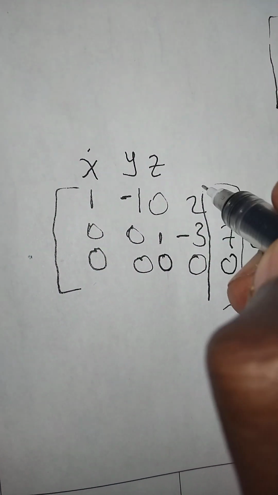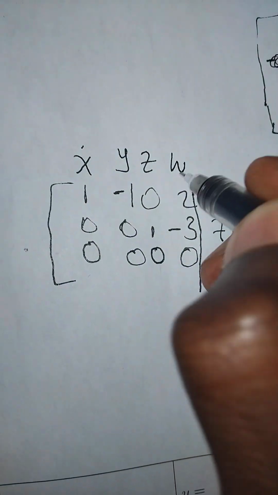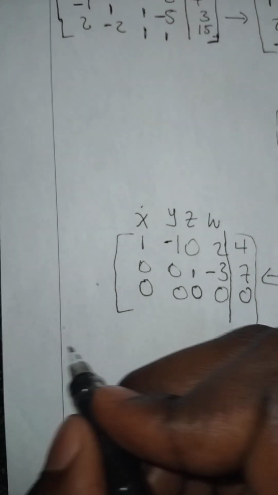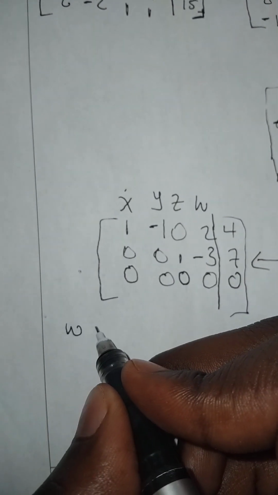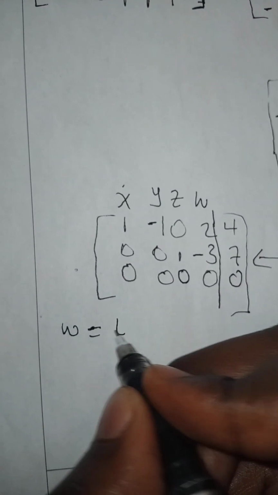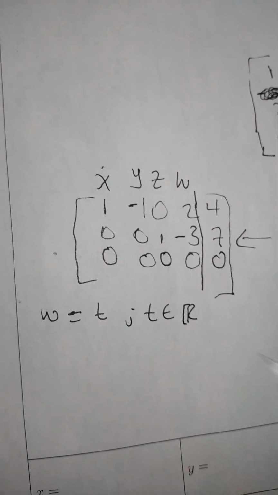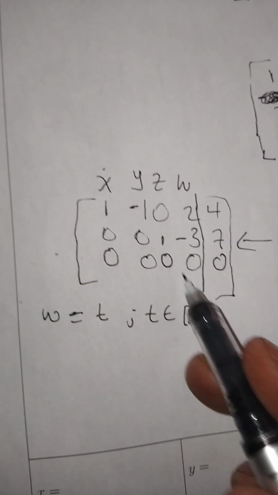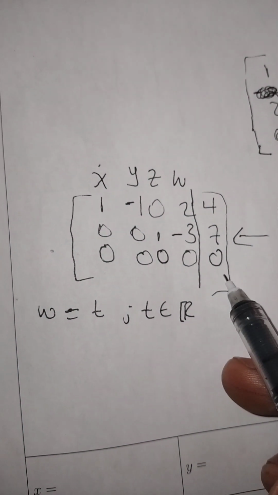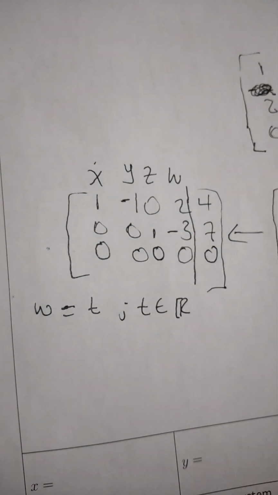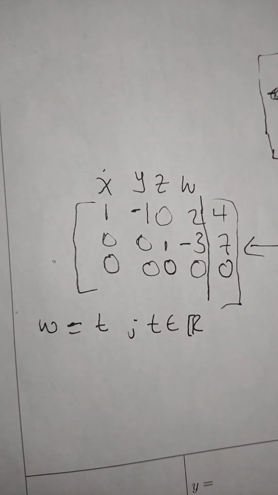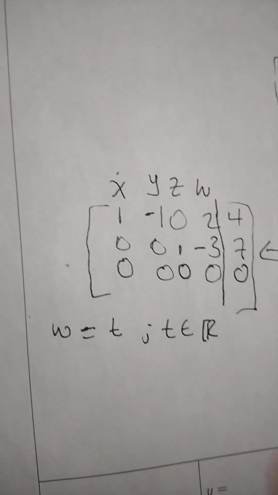And the last one here is for w. So we can just simply say w is equal to t, where t is an element of real numbers. Why do I say w is equal to t? Notice that if I say 0 by w is equal to 0, whatever value of w that we're gonna have there, it will satisfy the equation. The equation will always be true.